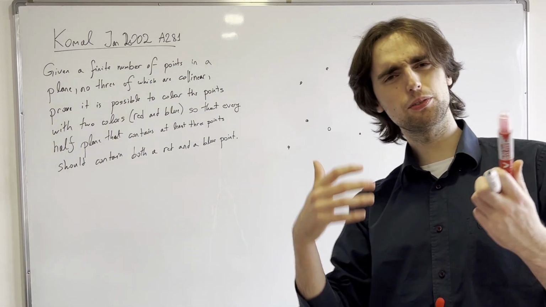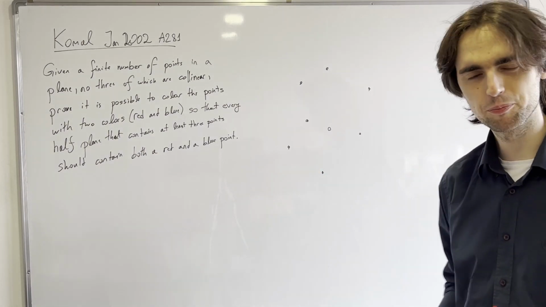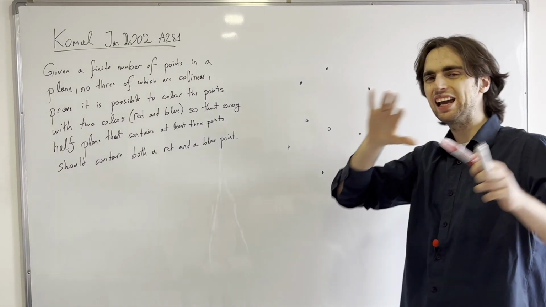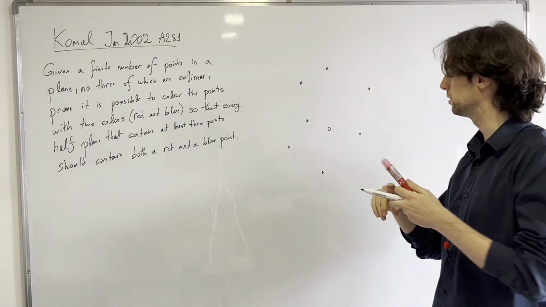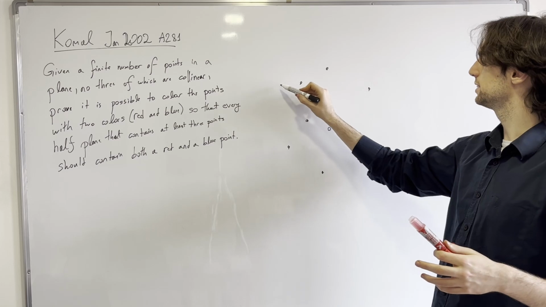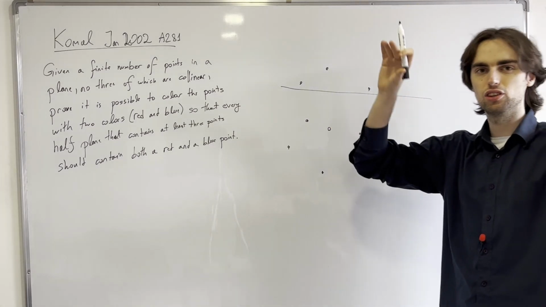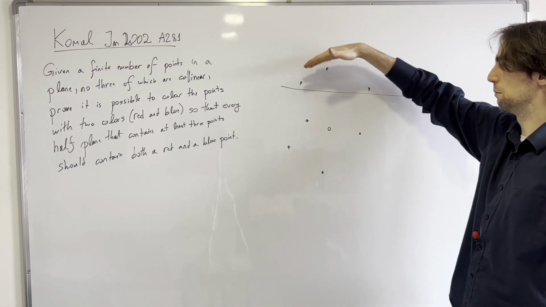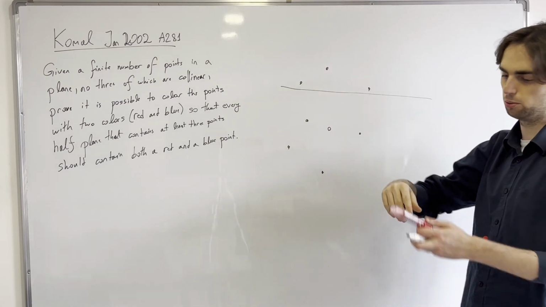What are sort of your first ideas that come to mind? Well, for me, the first thing is, what are the edges of this configuration? For example, this is a line I can draw. It's an edge line that might only contain these 3 points, and among these 3, I must have a red and a blue one.